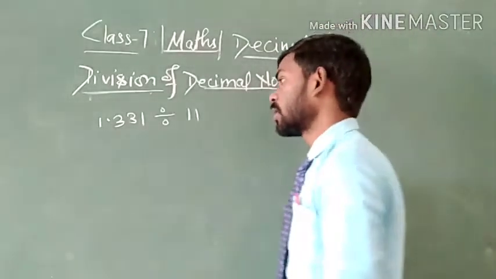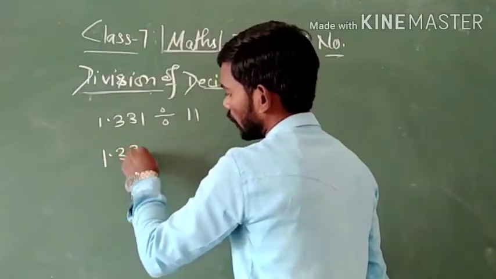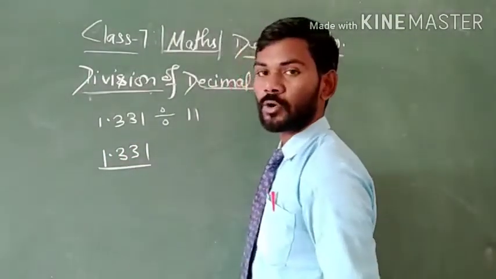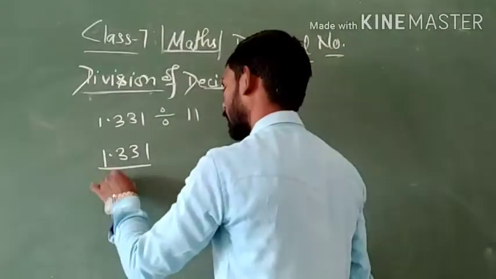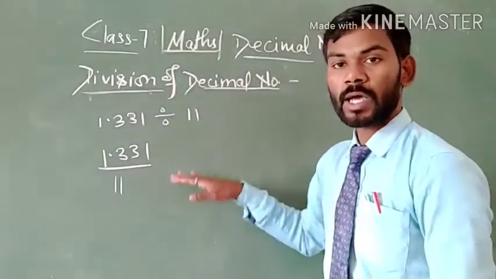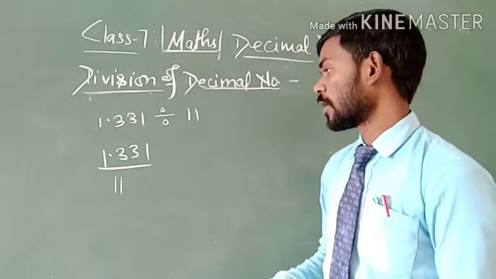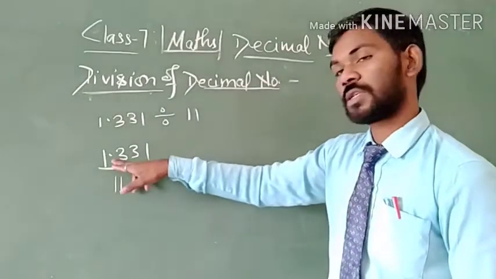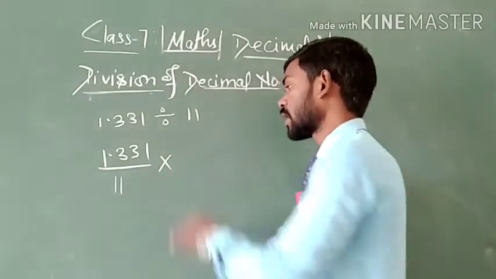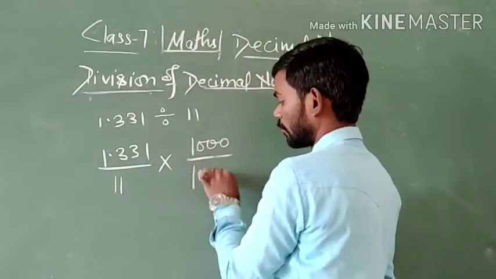The decimal is removed from the given number by following the method of multiplication by 10 or a multiple of 10. Sometimes the division of the numbers may also be written in the form of a fraction. Now we shall remove this decimal by just multiplying it by 1000, and we shall divide it by 1000.